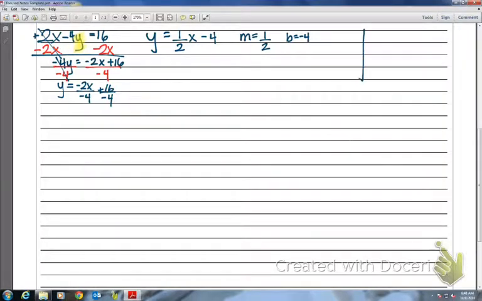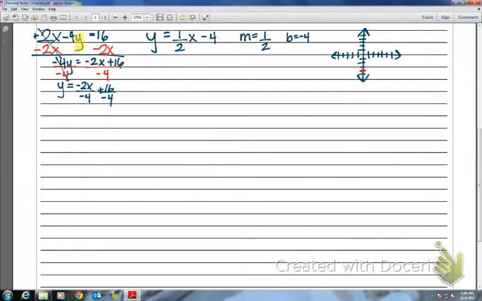So when I go to graph, it looks like this. And I always start with what? The y-intercept. So my y-intercept is at -4, so I'm going to put a point here at -4. And then I'm going to do my slope, which is 1/2, my rise over run.